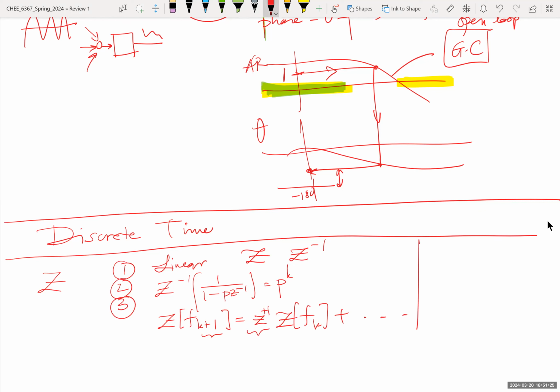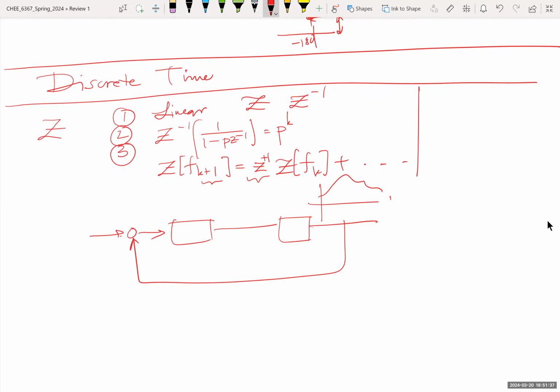And the idea is that in a closed loop, one has to remember that we have a continuous signal Y. Then there is an analog to digital converter, which creates a discrete version of this signal. At each point K it creates a sequence Y of K. This goes to the controller for processing.